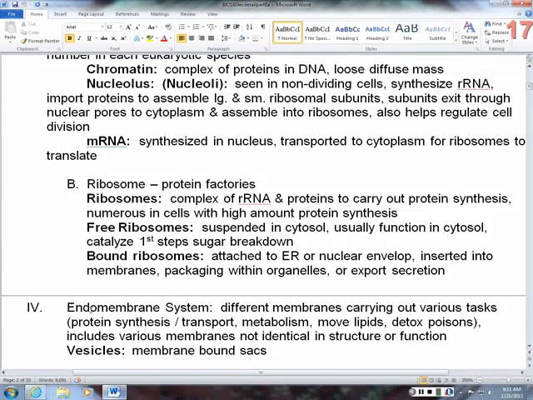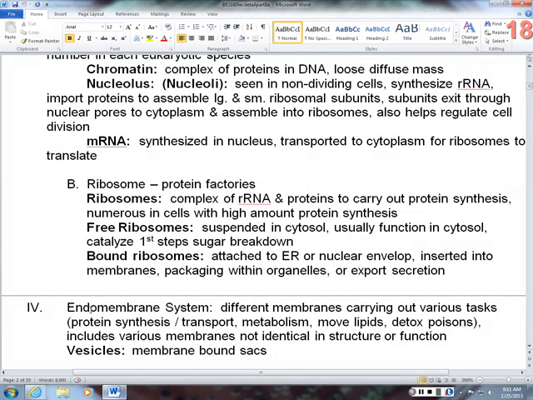So with the ribosomes, they're the little protein factories. Some of them are going to be attached to membranes, and some of them are going to be freely bound, floating around. The free ribosomes are suspended in the cytosol, and they usually catalyze the first steps in sugar breakdown.